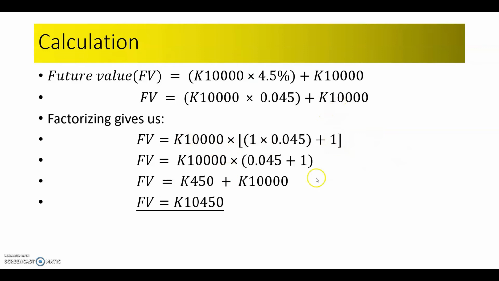I'm sure it's clear. Then, of course, you do the multiplication, you get 0.045, then plus 1. 10,000 kwacha is still outside, and then you multiply by all the terms in the brackets. So you're going to have 450 plus 10,000 kwacha. And then ultimately, you're going to get your 10,450 kwacha as a future value. Okay.